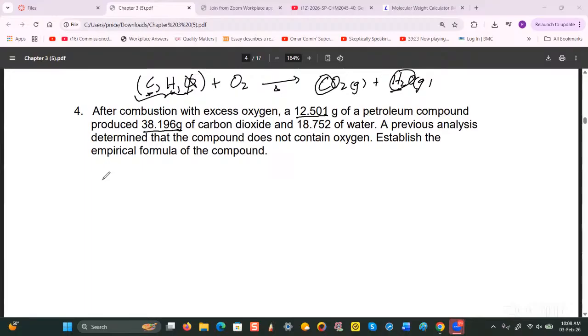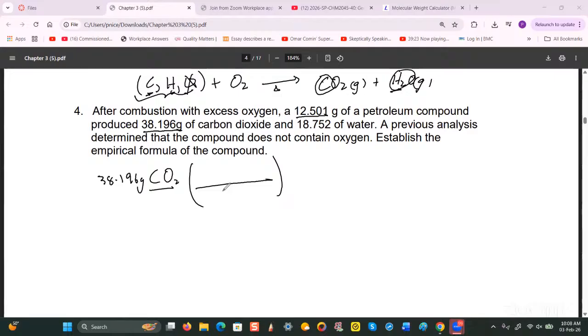All right, so the first thing we're going to do is to find the mass of carbon. The question gives us that the mass of carbon dioxide is 38.196 grams, right? That's the mass of carbon dioxide. Now, based on the formula for carbon dioxide, we can conclude that for every mole of carbon dioxide that's present, you have 1 mole of carbon. So therefore, we can find the moles of carbon dioxide.